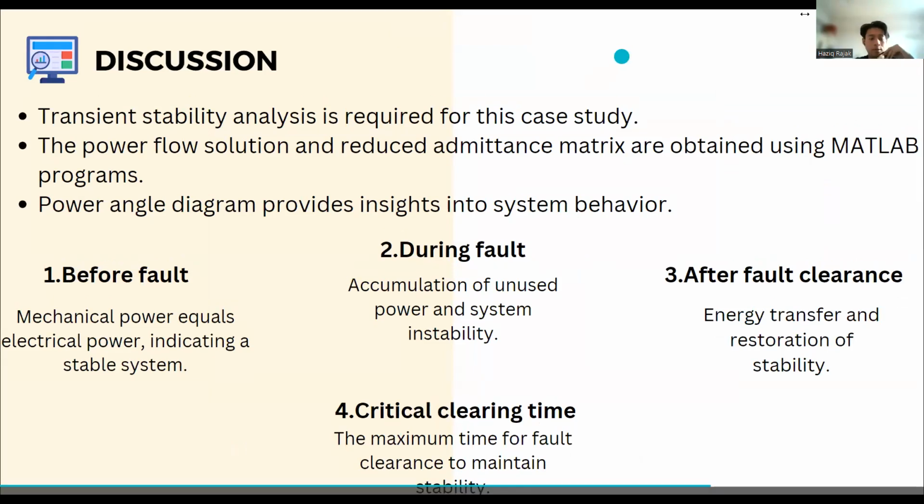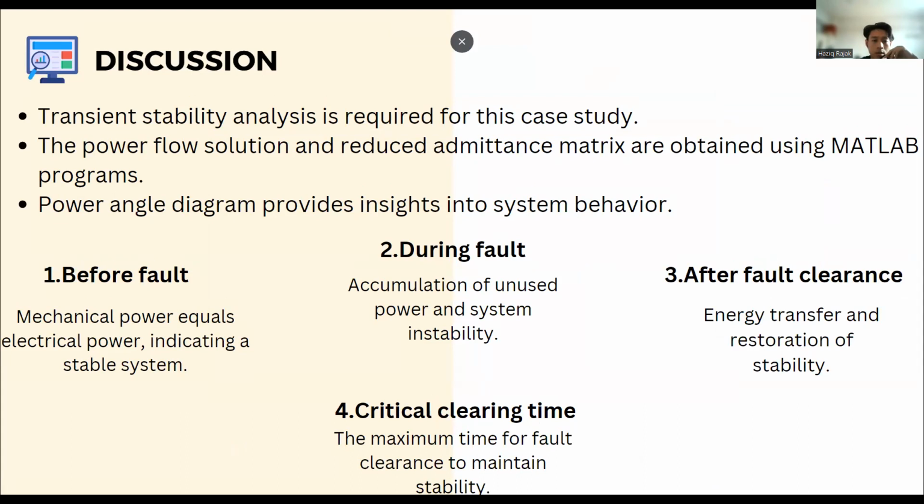Okay, so moving on to the discussion part. For this particular case study, transient stability analysis is required. The case study involves a 3-phase line fault and examines the system stability under varying fault clearance time.